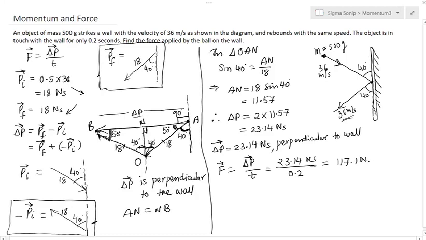Taking the direction into account, I'll say perpendicular to wall. So that is the force that would be exerted by the ball on the wall or by the wall on the ball. Either way, because action and reaction are always equal. If ball is applying that much force on the wall, then wall is also applying that much force on the ball.